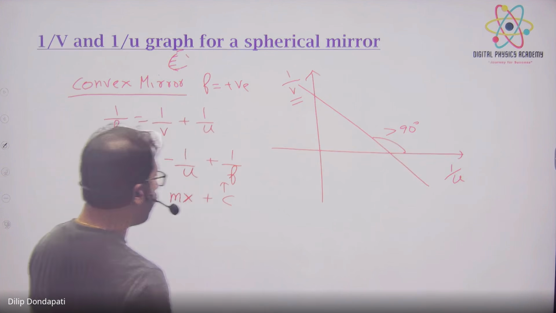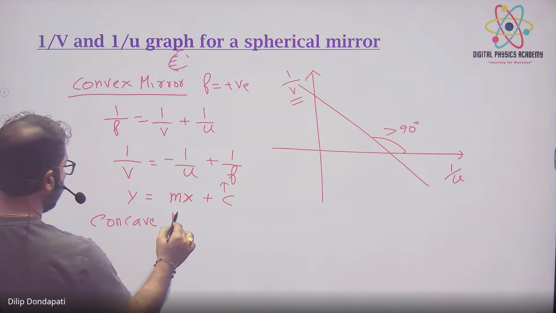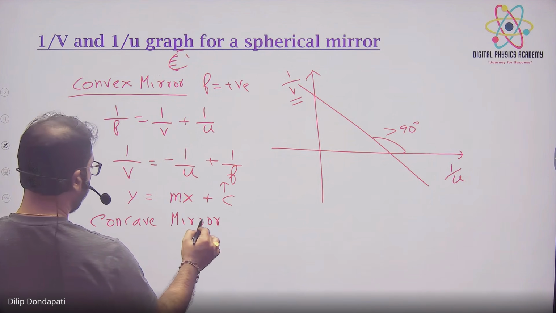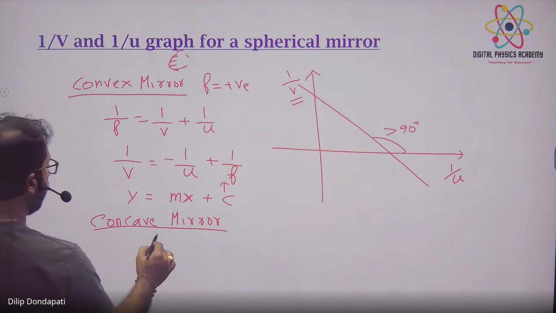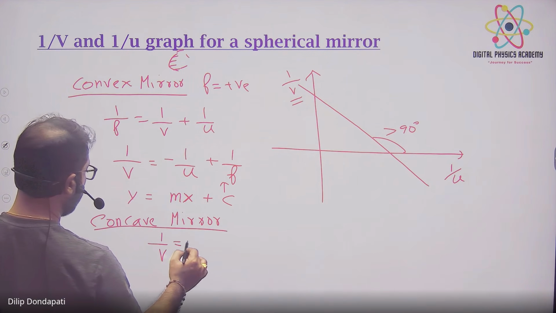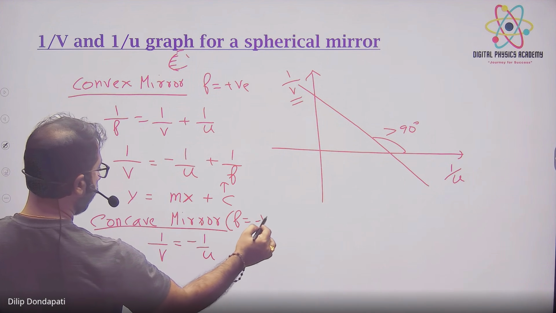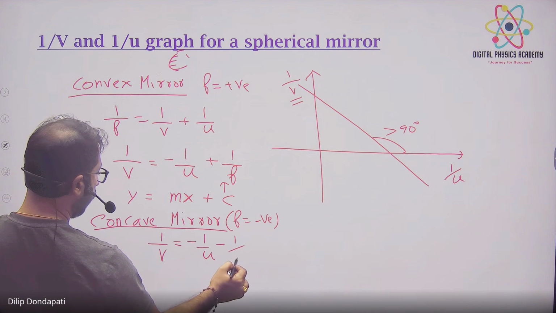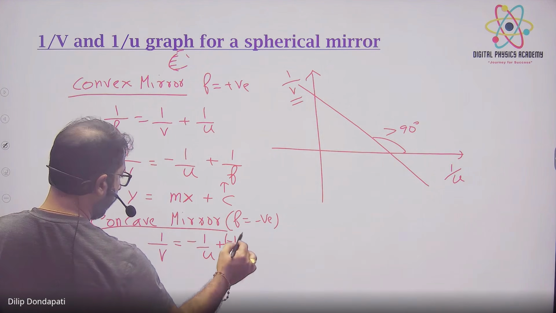Now इसका concave का draw करो. So 1 by v, what we got? 1 by v is equal to 1 by f minus 1 by u. Since focal length is negative, right? So it is -1 by f minus 1 by u.